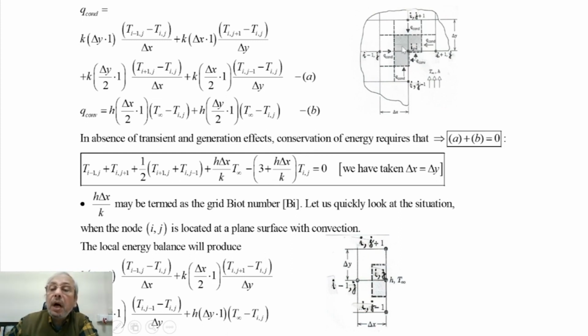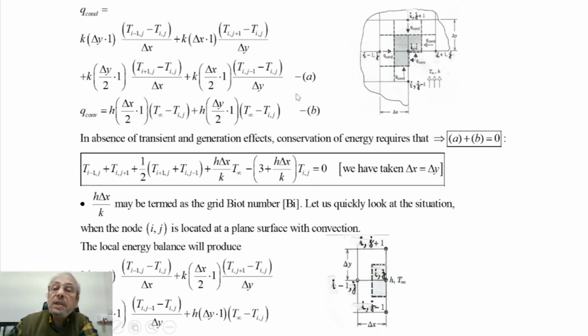The 4 quarters are supposed to represent temperature Tij, but this part is not there. So heat transfer takes place through delta Y by 2 into 1 multiplied by Ti plus 1j minus Tij divided by delta X, the gradient. Similarly, from the southern node, K delta X is the transport area, delta X by 2 into 1 into Tij minus 1 minus Tij divided by delta Y, the gradient.